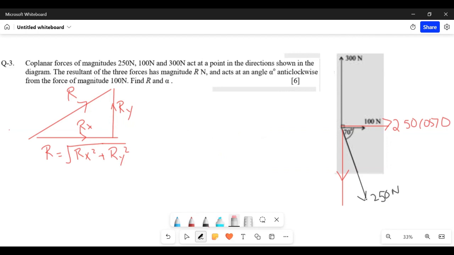Now Rx is forward force in x direction minus backward force in x direction. So Rx is just 250 cos 70, and there's no backward force in the horizontal direction, so it's going to be 0.